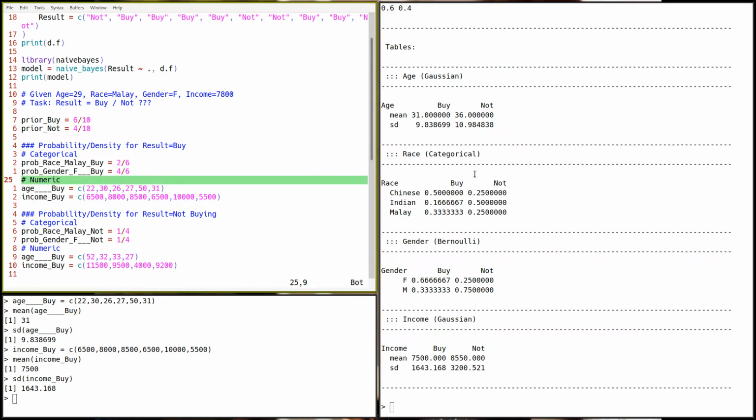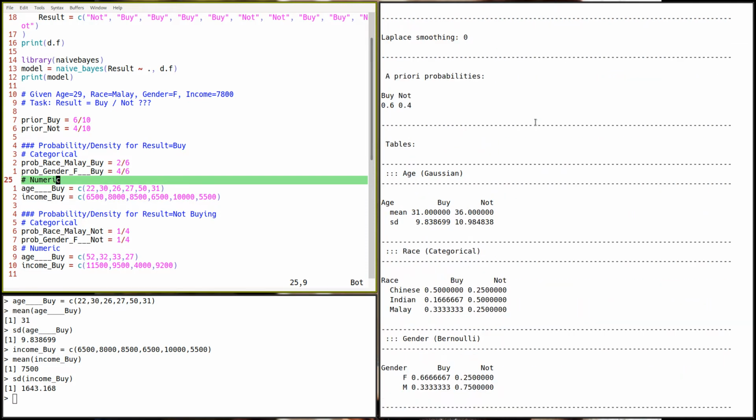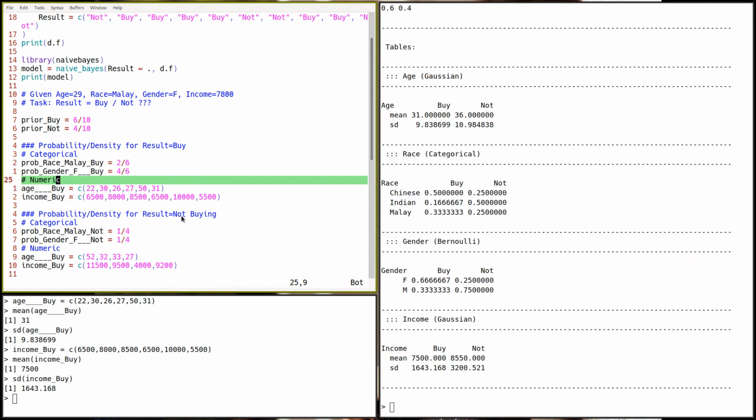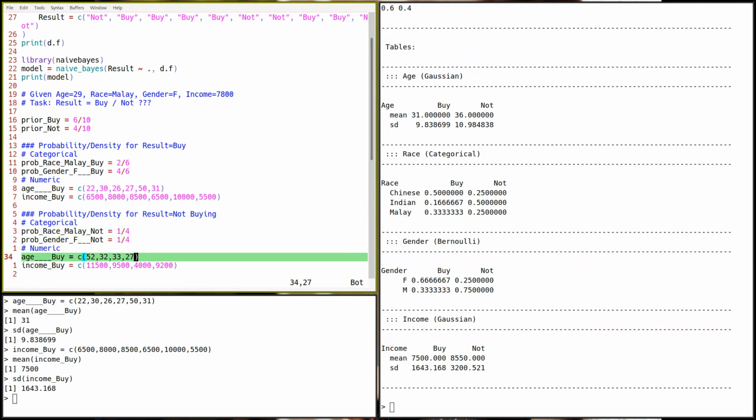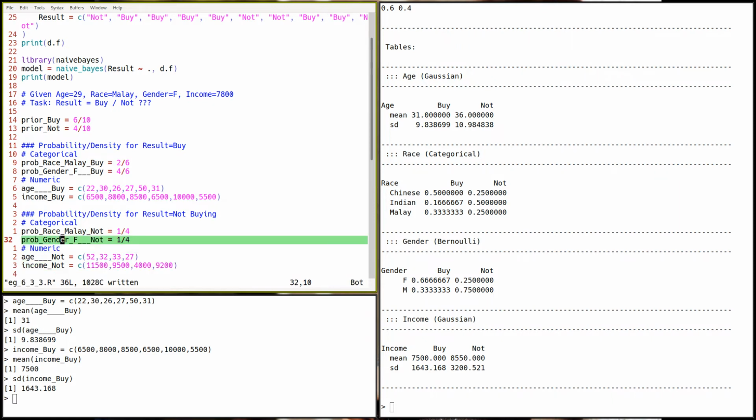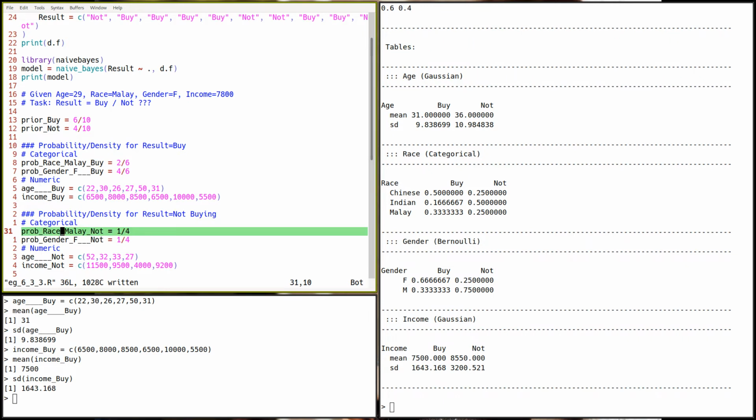Because we want to check whether it's buying or not buying, we also need to go through all the steps again for the not case. So that would correspond to all these. Sorry, this one should change to not. All these are, given the case when it's not buying, the probability of having all these values.